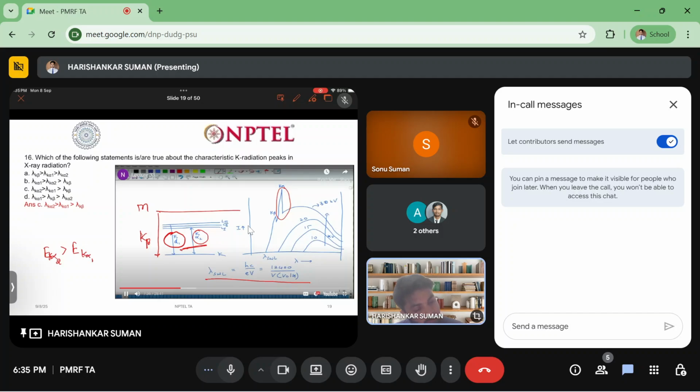Sorry, I'm wrong there. One minute. From the picture, you can see the energy of K alpha 2 is less than the energy of K alpha 1, and less than K beta.